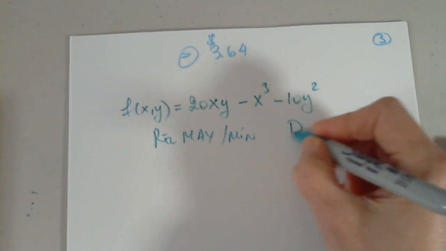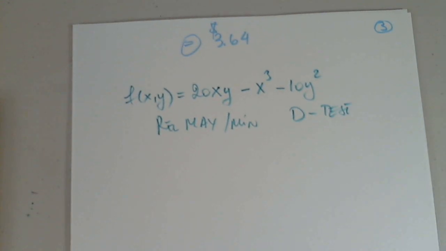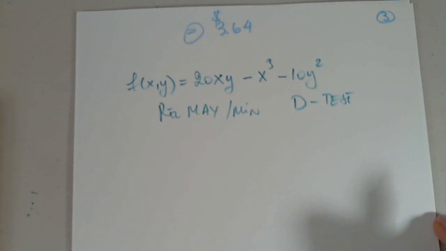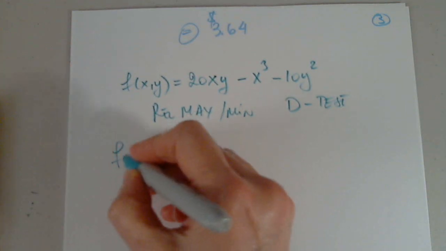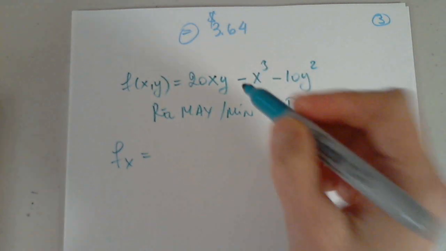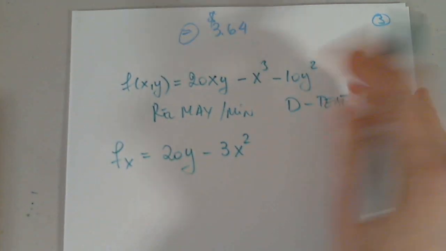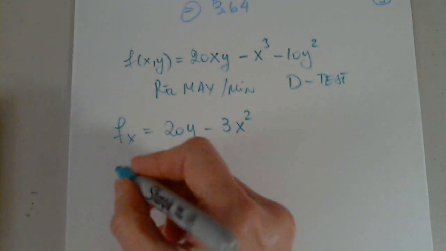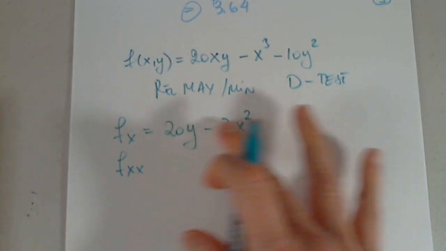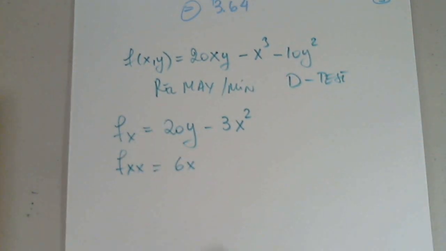In this case, we have to conduct a D-test. But first we have to determine all those first order and second order partial derivatives. So let's find fx. Everything is fixed, just x is the variable. So 20y minus 3x squared. This is fixed, goes away. Now fxx, I differentiate this with respect to x again, only x, so negative 6x.